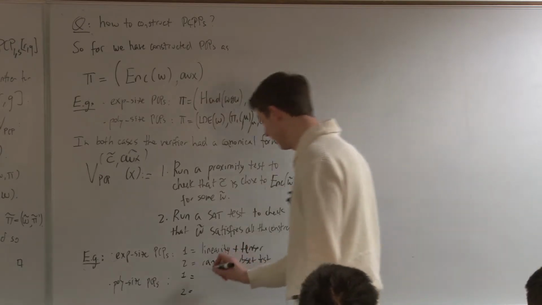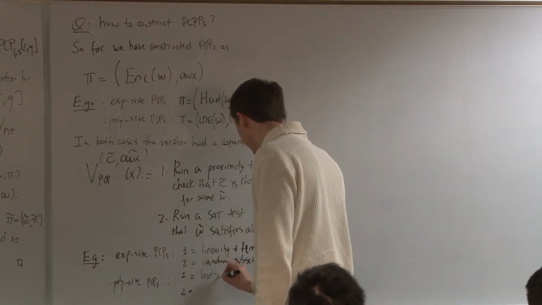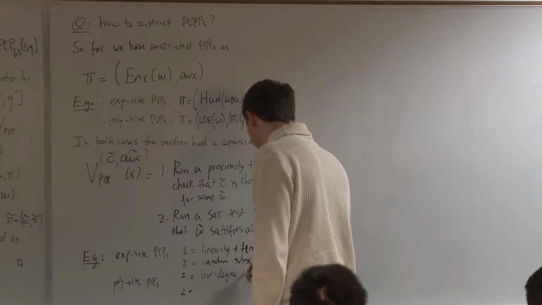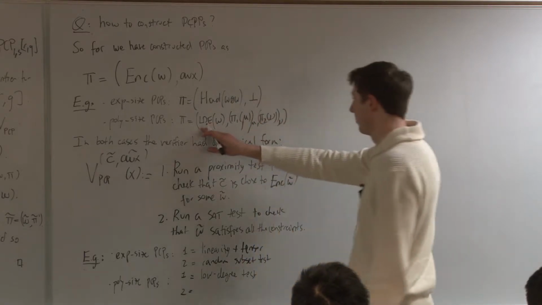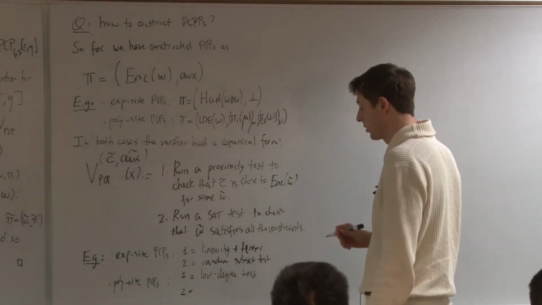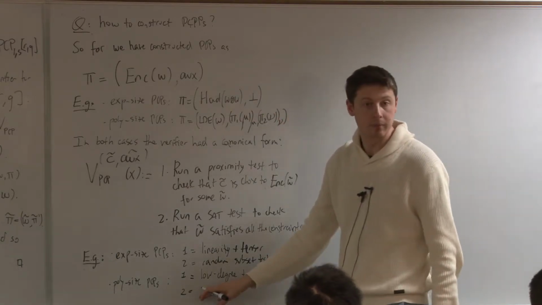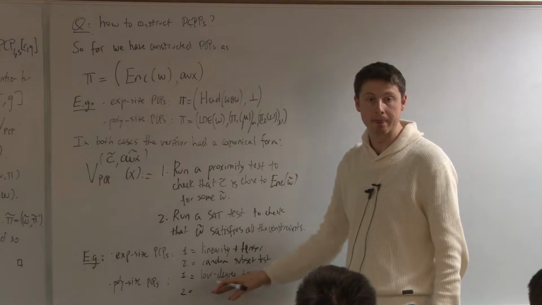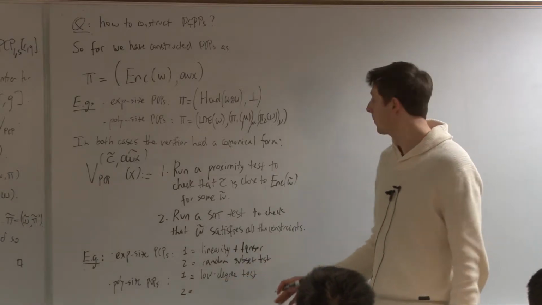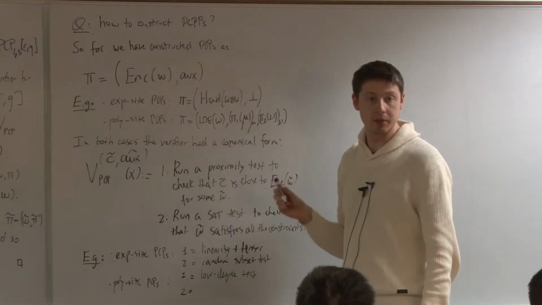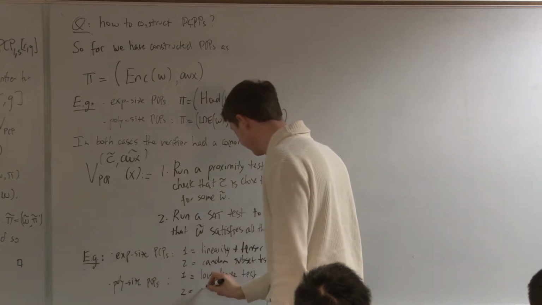The linearity test, yeah? And nothing else really, because we were just straight up running encoding via low degree extension. And 2 was what? Yeah, whatever had to do with these things, right? So this was the sum check tests.